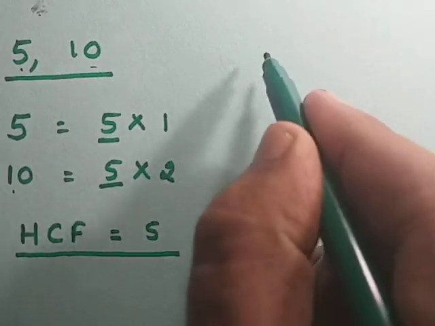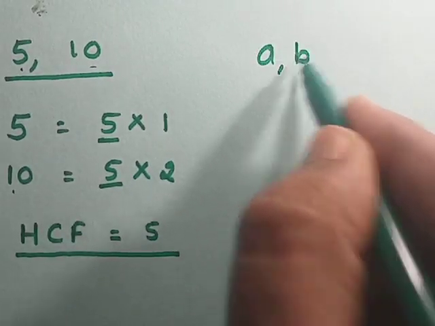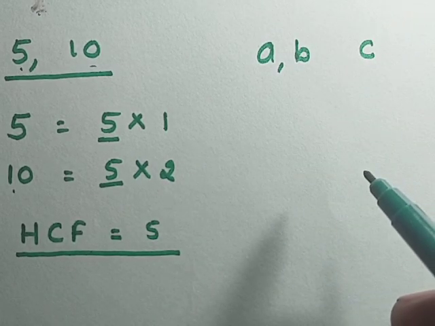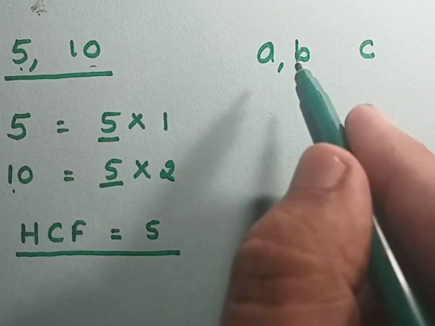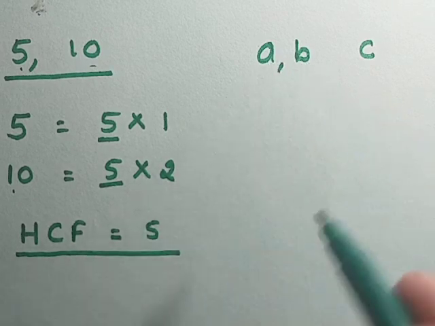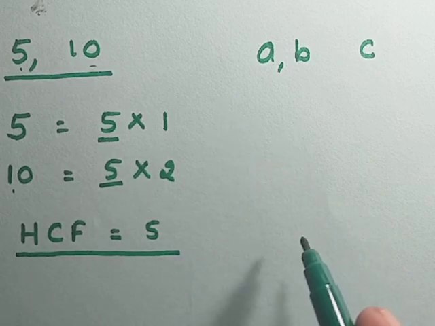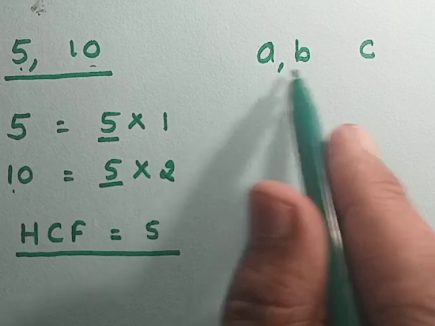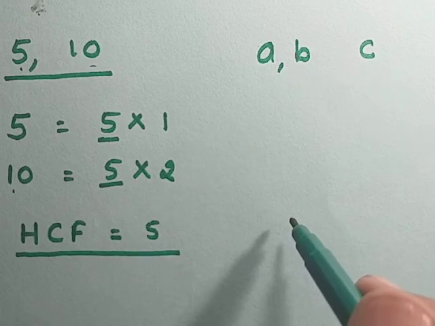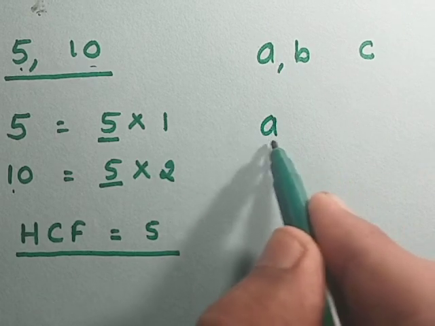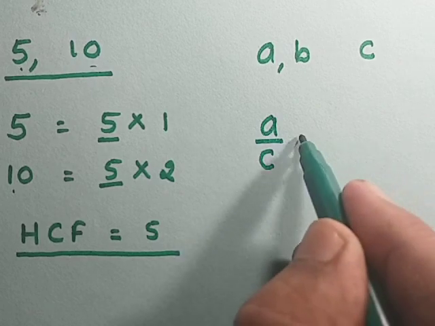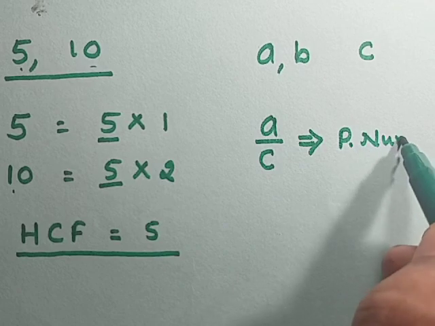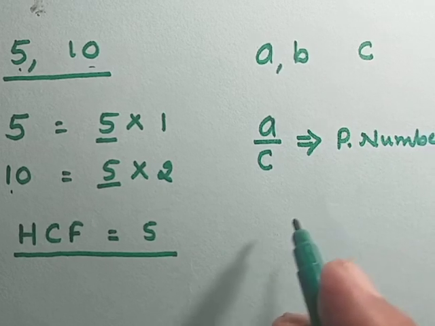To explain it, if A and B are two numbers and C is their HCF, then both A and B are divisible by C. That is, A divided by C is possible, which is a whole number.